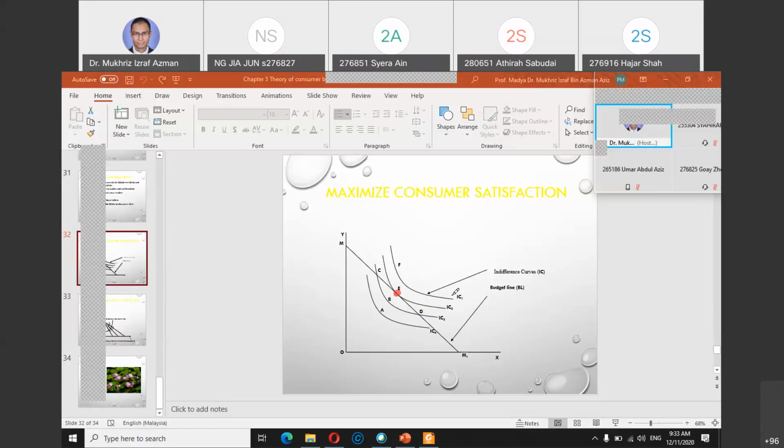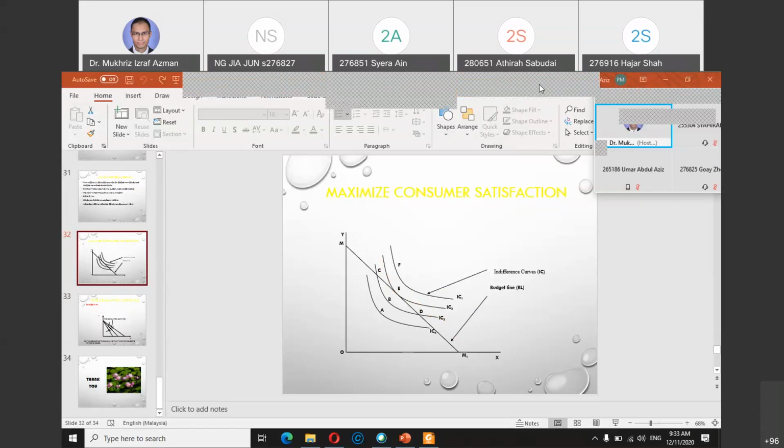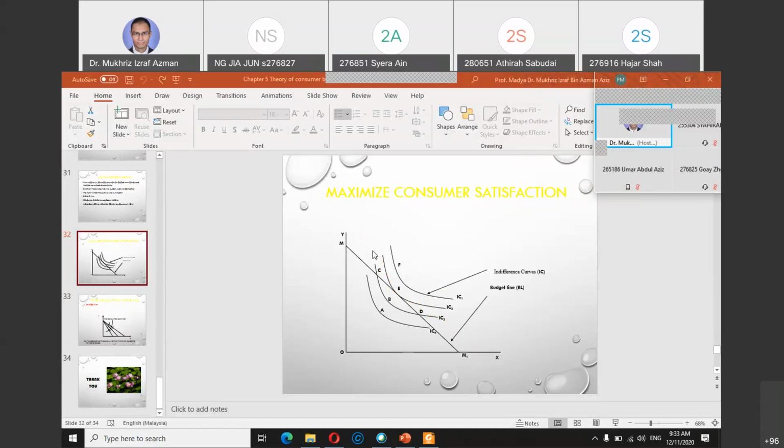So IC1 will give you higher utility, but because of the limited income that the person has, you cannot go for IC1. Because IC1 requires a higher income level. For example, your budget line must be higher than the original one here. But because your income is not enough, you cannot achieve that income level.